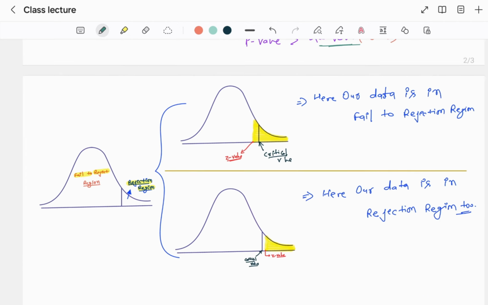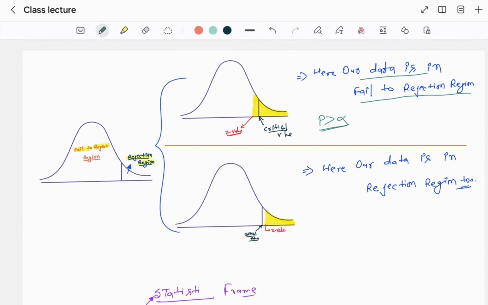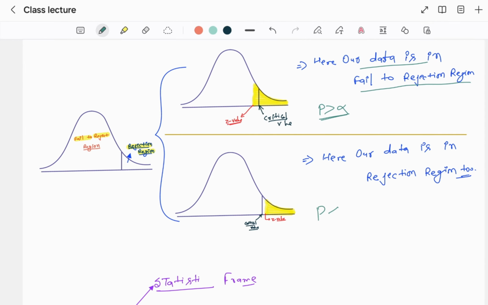Now come to this. Here, if our p value is greater than the alpha value, then our data is entering the fail to reject region. If the p value is less than the alpha value, our data is in the rejection region, right?